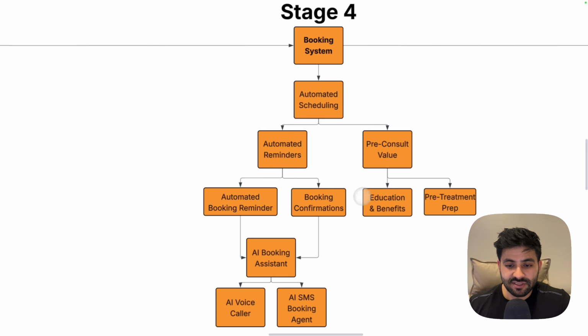It also does this by following up at strategic intervals. This in itself will dramatically improve your show-up rate, reduce confusion when patients walk in, and ensure that when they come into your clinic, they are pre-qualified, pre-educated, and primed to buy.